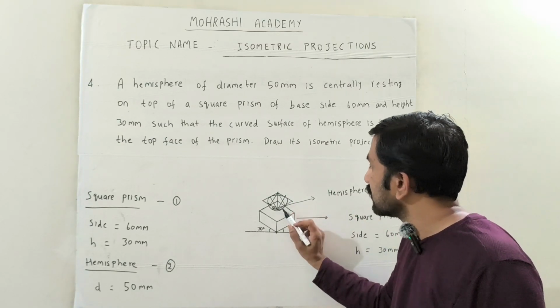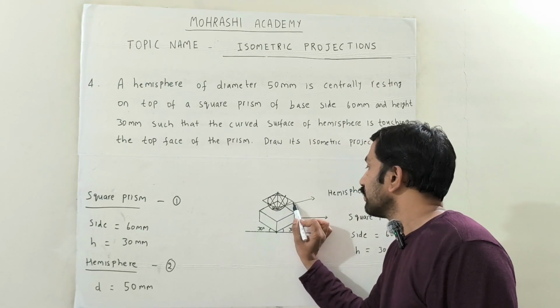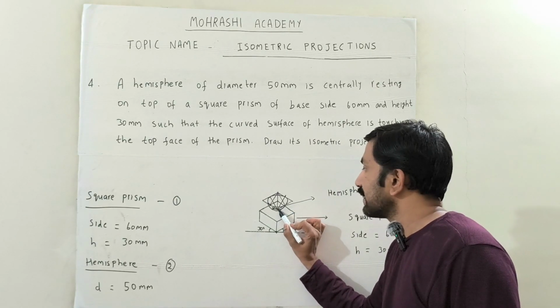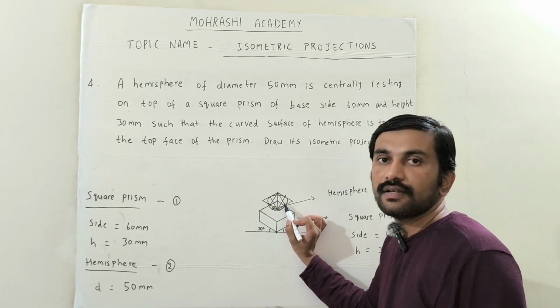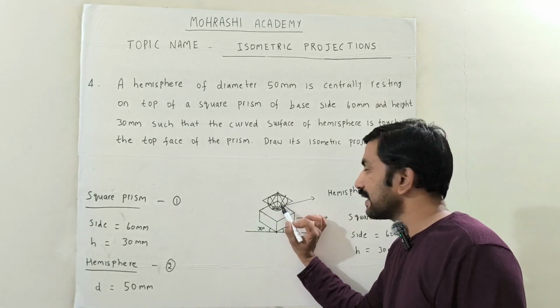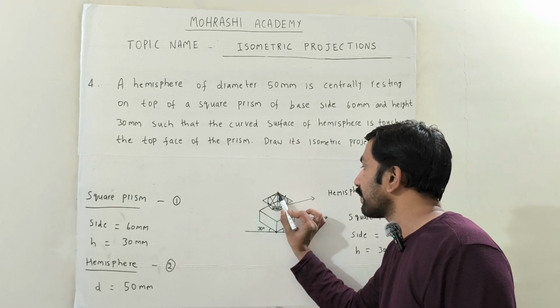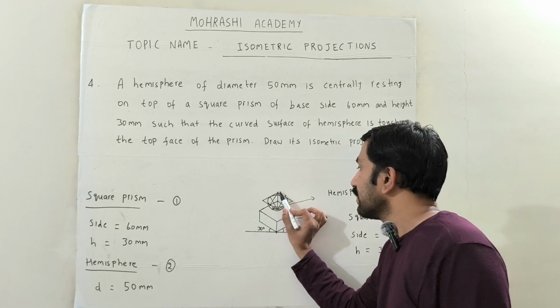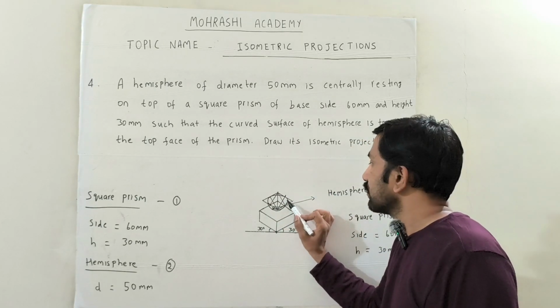Again from here this side, take 30 degree 50 mm right side, 30 degree 50 mm left side. Why? Because it is 50 mm diameter hemisphere. Again from here, again 30 degree 50 mm right side. Again connect this to this one. I will get 4 boxes.